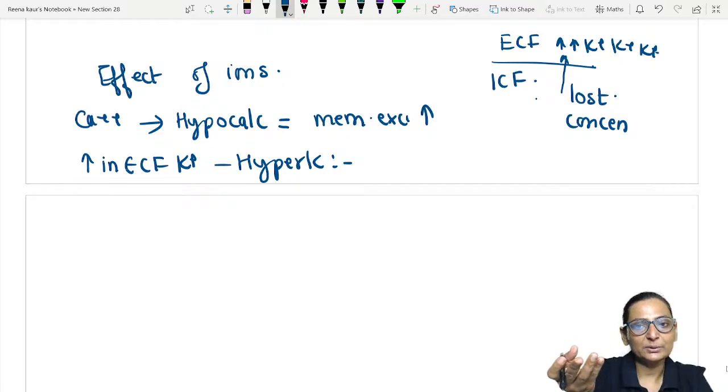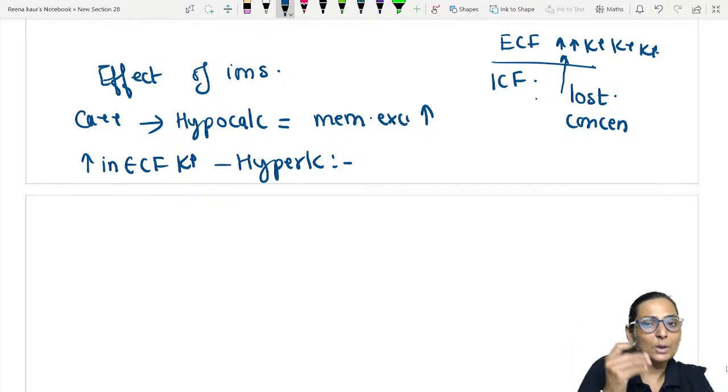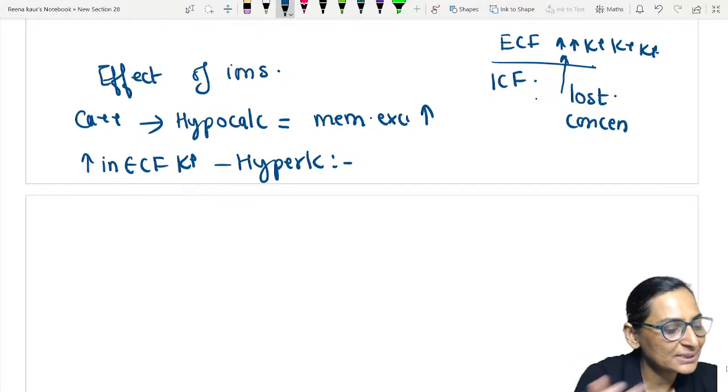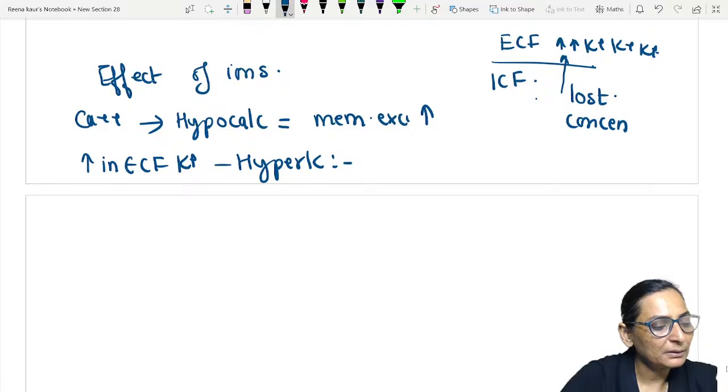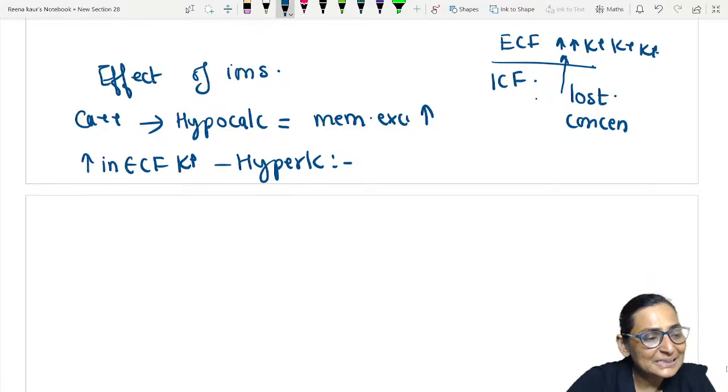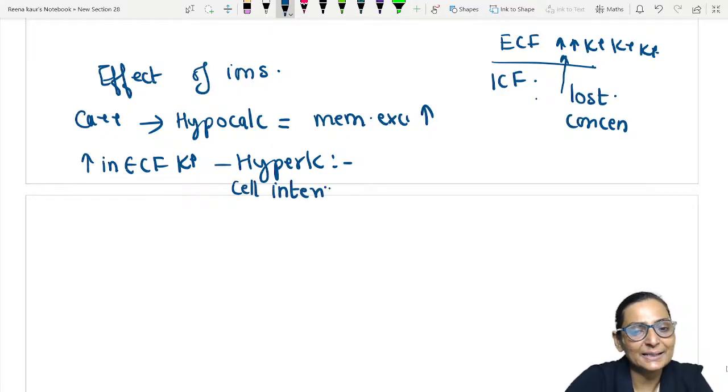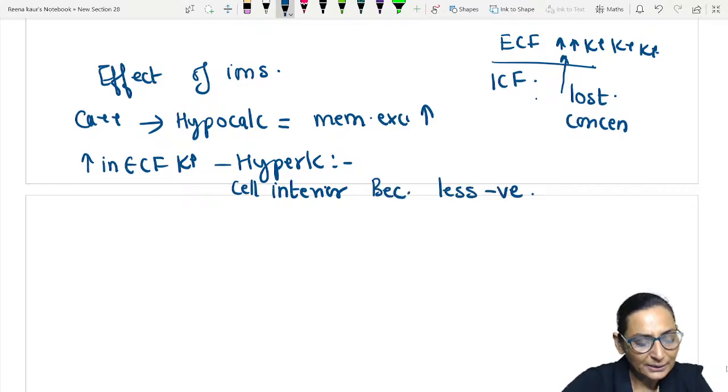In this case remember that the membrane will become easily excitable, isn't it? It will be very easy to take it towards action potential because the cell interior becomes less negative. That means the RMP is less negative, so the threshold of excitation is reached faster and an action potential results.